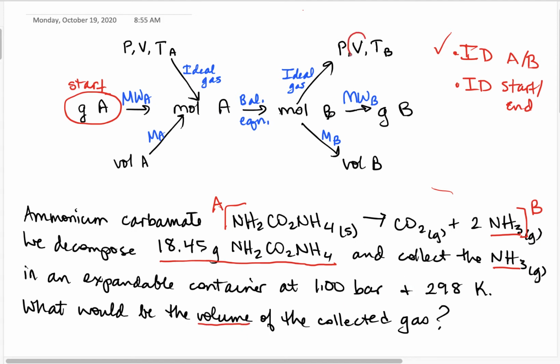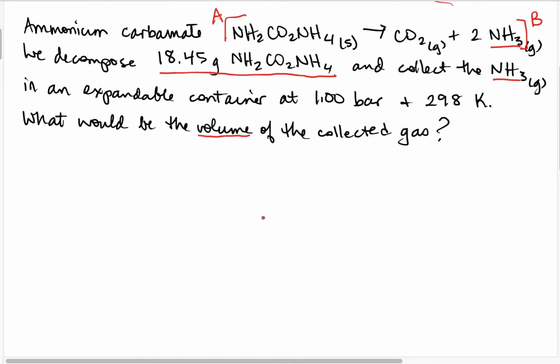And so that's this right here. This is going to be our end. So this tells us what our path is. We're going to use our molecular weight to calculate moles of A, our balanced equation to convert that to moles of B, and the ideal gas law to calculate the volume. So let's go ahead and do that.